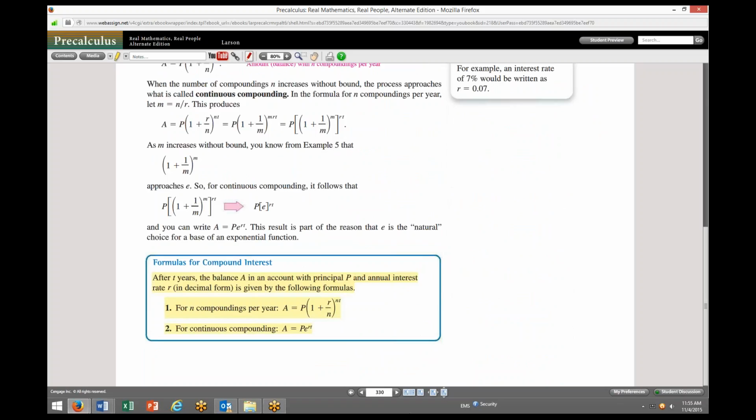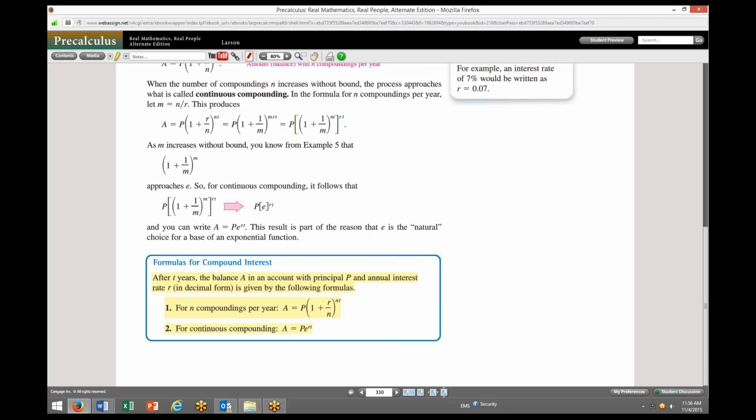The future account balance, capital A, is equal to the original principal amount deposited, capital P, times e to the r t power. So the principal amount times e to the exponential power of r times t.